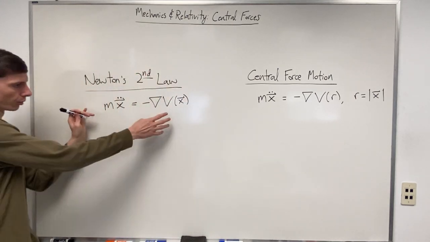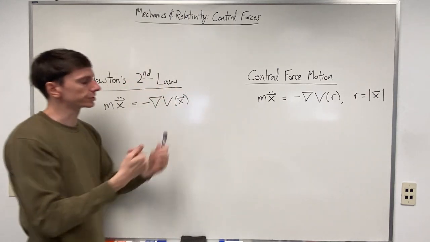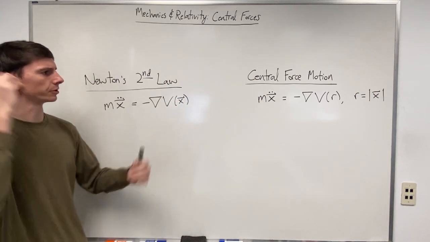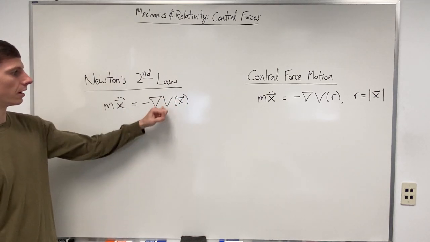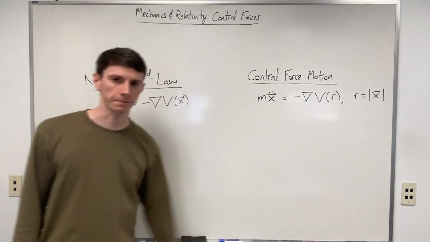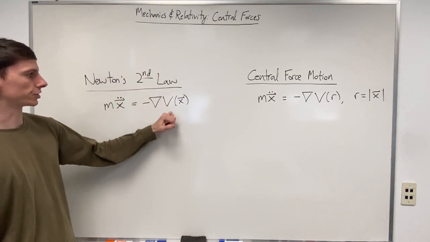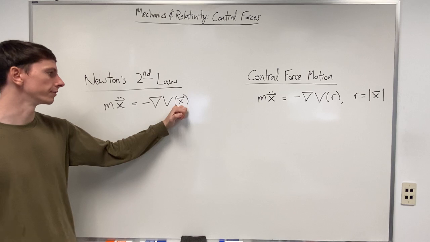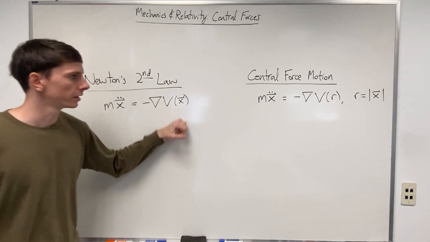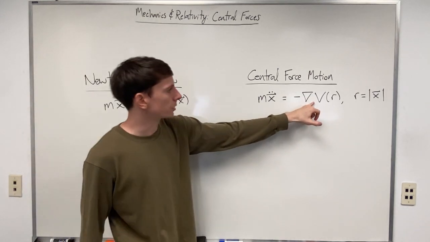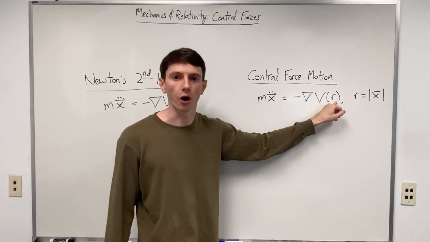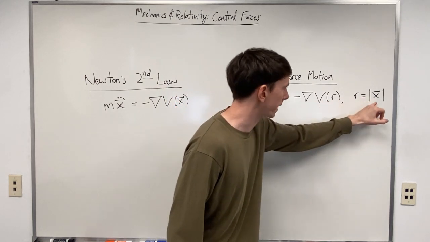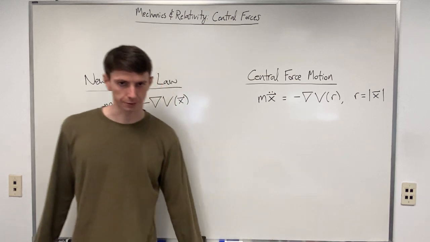Both equations here are Newton's second law, and they're similar, but the main thing that's different between them is the input of the potential function. Over here, the potential function just depended on any set of input spatial coordinates, whereas here, V now depends not on an input vector, but on a scalar quantity r, where r is just the magnitude of our position vector.